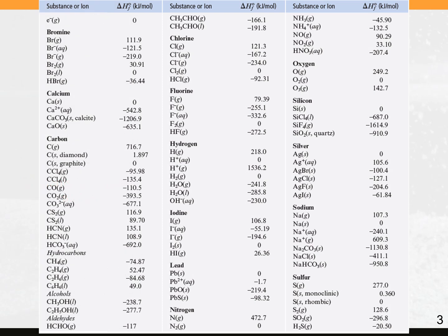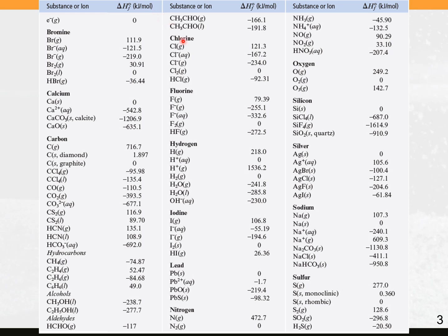The enthalpy of formation values are listed in tables, which is standard in all chemistry textbooks. You do not need to memorize any of these values, as they will be provided to you within questions. However, you need to remember that elements in their reference forms have zero enthalpy of formation.